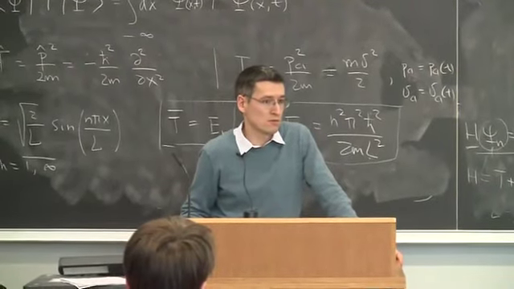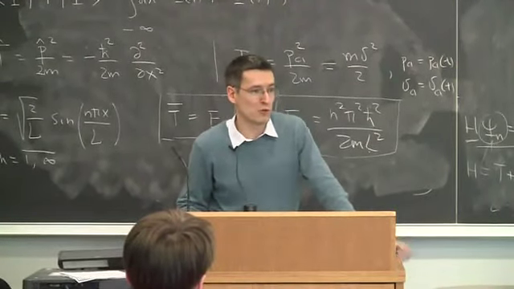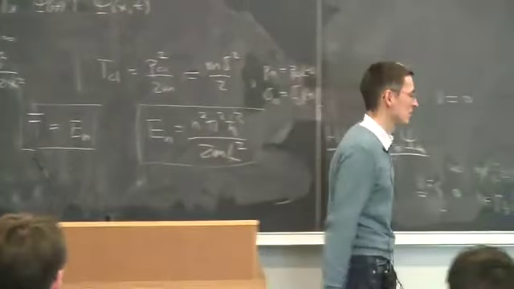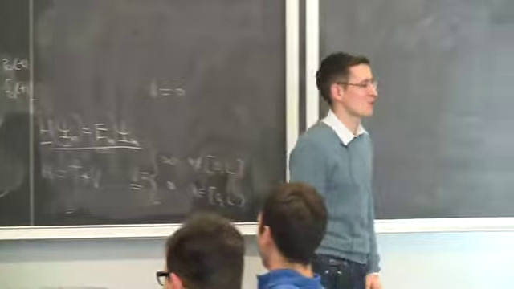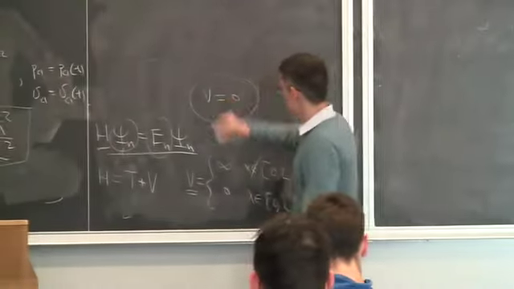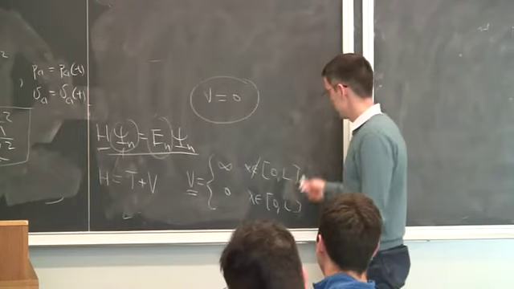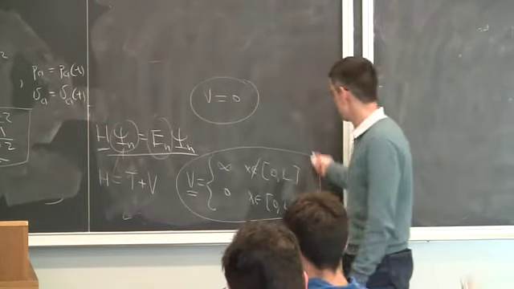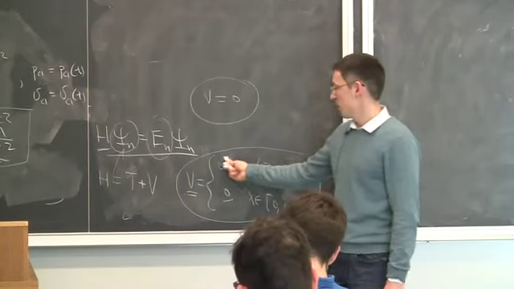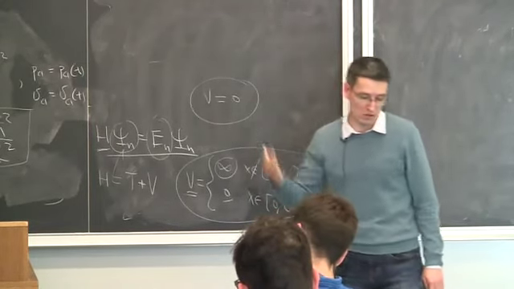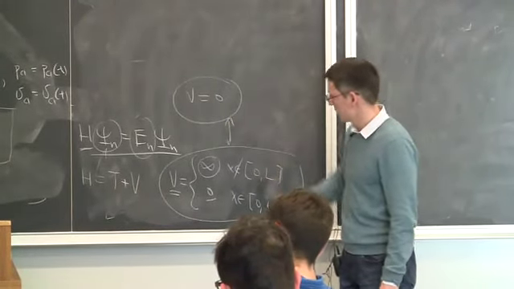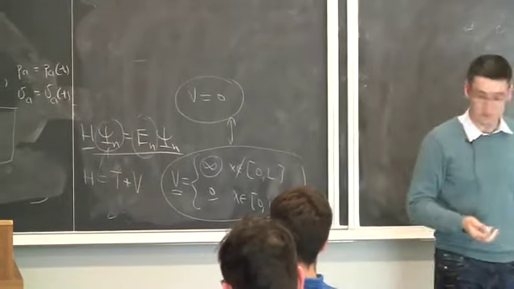Do you follow? No? No idea what I'm talking about? Nothing to write down. It's all in the notes. Just try to understand. So what's the difference between this trivial case where there is no potential and this case where there is no potential in the box and there is infinite potential outside of the box? It seems like these two cases are very similar, but there is a difference.